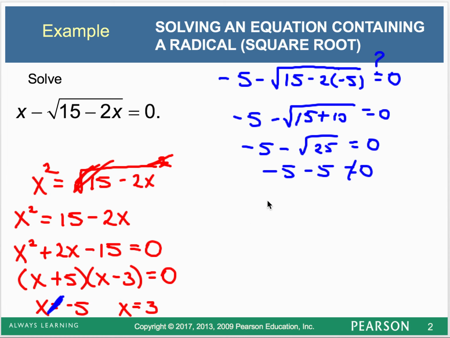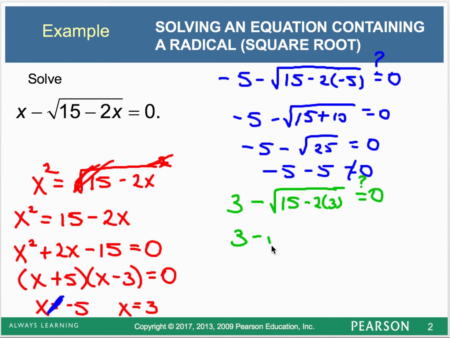Now let's check 3. Okay, so just because -5 didn't work doesn't mean 3 will. It might, I don't know, I got to check. 3 minus the square root of 15 minus 2 times 3. And I want to know if that equals 0.